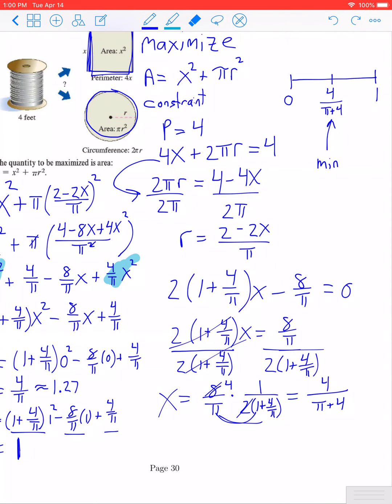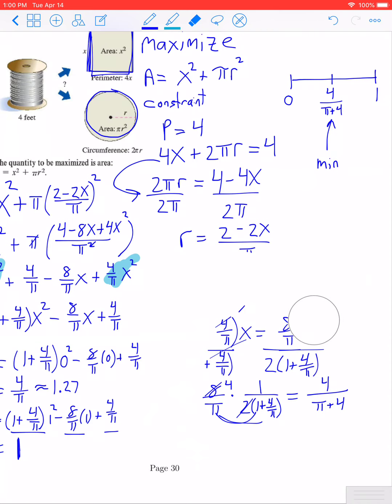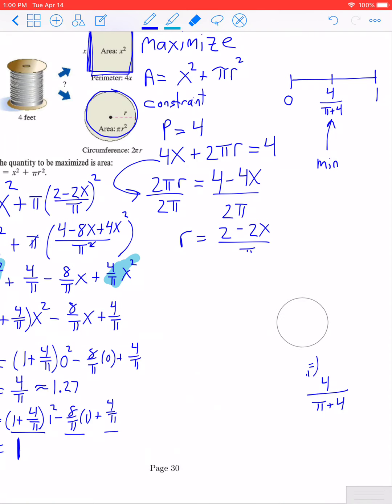So I'm going to come over here. What would the area for an x value of 4 divided by pi plus 4 have looked like?